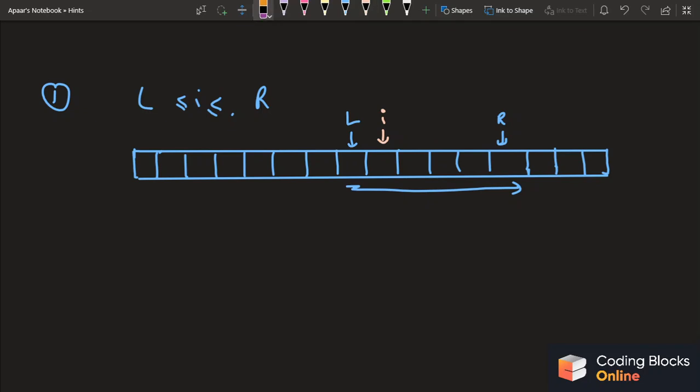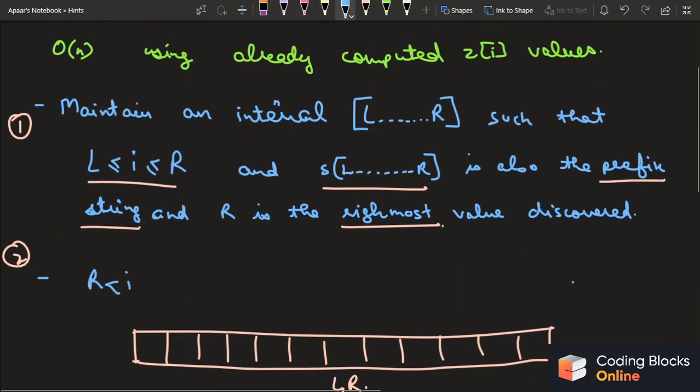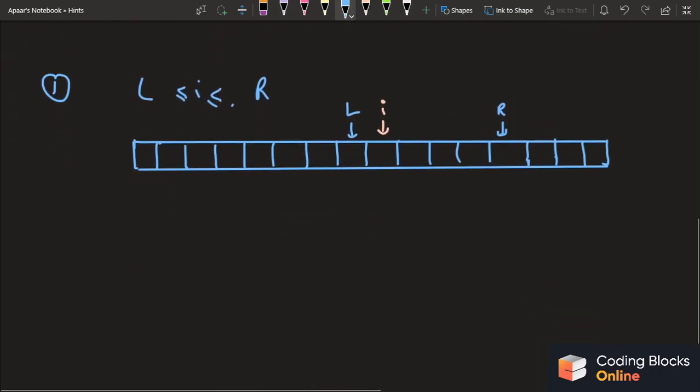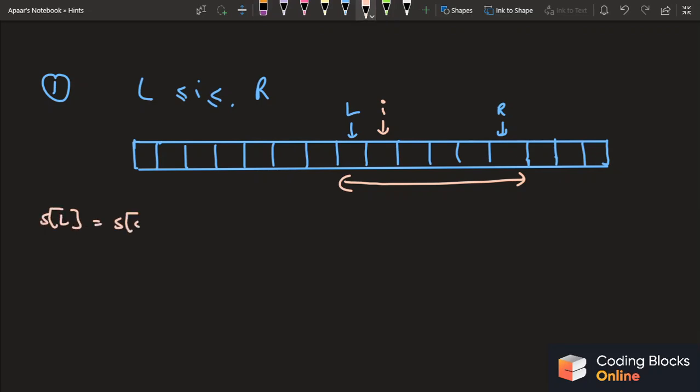So for this index I, I am in my first case, that I is between L and R, right? So what does this mean, guys? If this much is L to R, it simply means one thing: that yes, SL, let me just write it on the left hand side, SL equals S0, right?